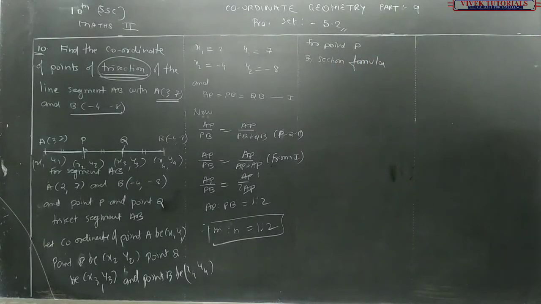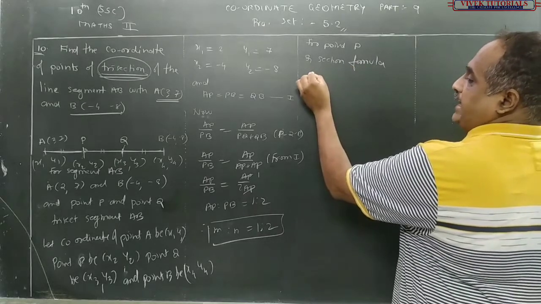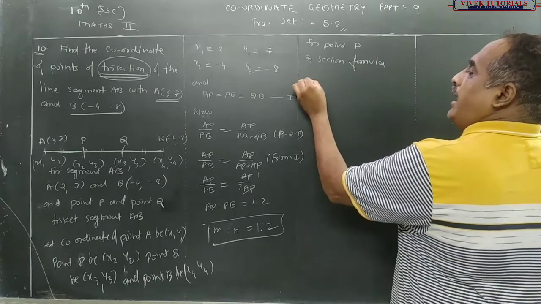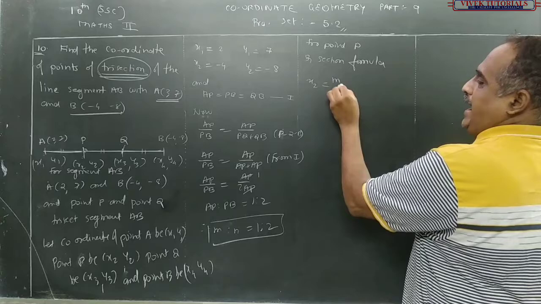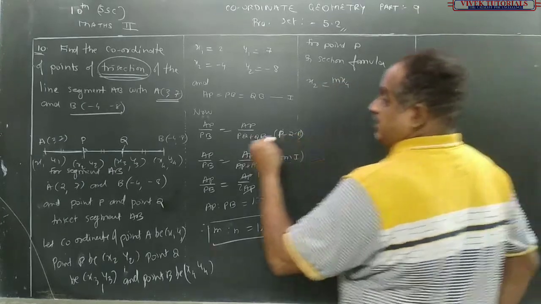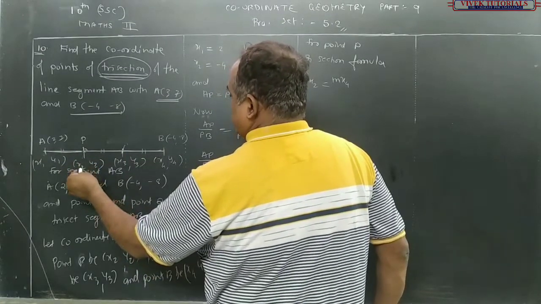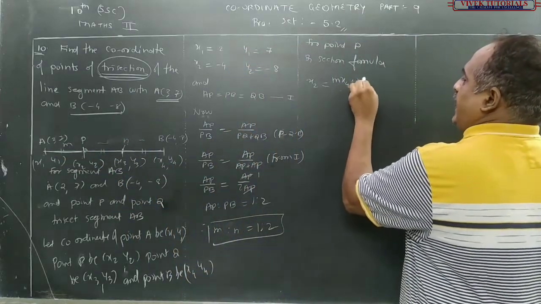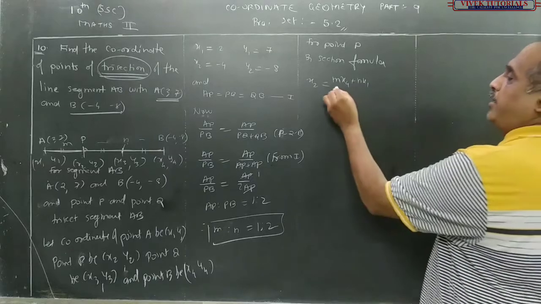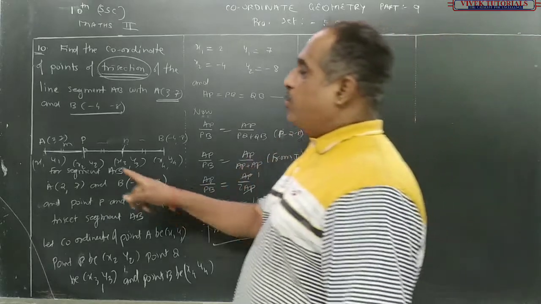By section formula, what I can write: x2 is equal to m x4 plus n x1 upon m plus n. See once again, यहाँ हम लोग खाली यही 3 पॉइंट कंसीडर कर रहे हैं, A, P and B. Once again I'll repeat it. यहाँ कैसा हुआ, देखो P निकालना है.